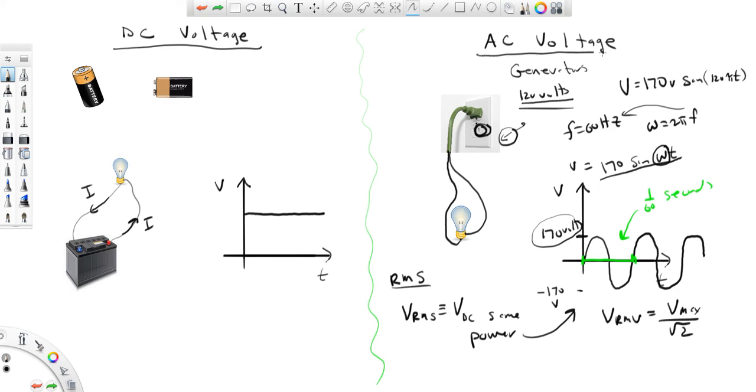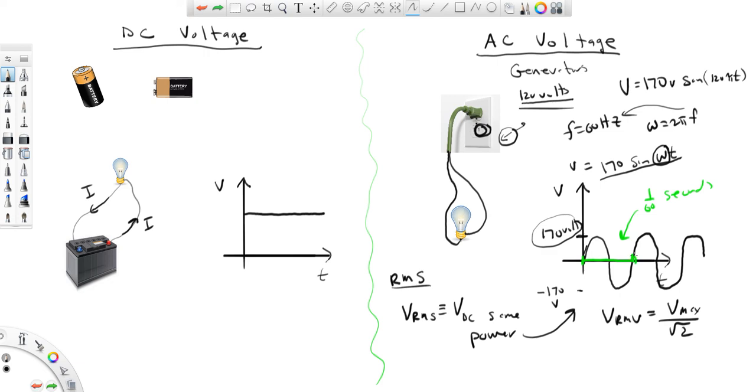Whereas AC voltage stands for alternating. That comes from electrical power generation. And where you tie into that, if you will, is at home, with these electrical outlets. And here, rather than a constant voltage, you get a voltage that varies like this. Half the time it's in one direction, half the time it's in another.